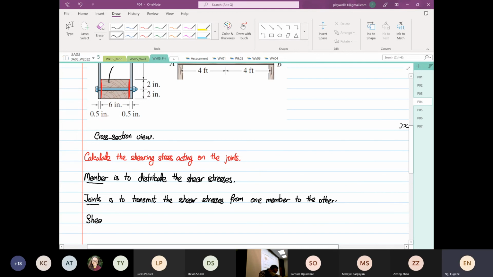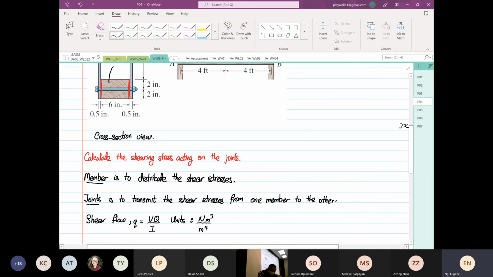Shear flow, which is what we call small q, is equal to VQ over I. And if we look at the units, this is in Newton meter cubed per meter to the fourth.